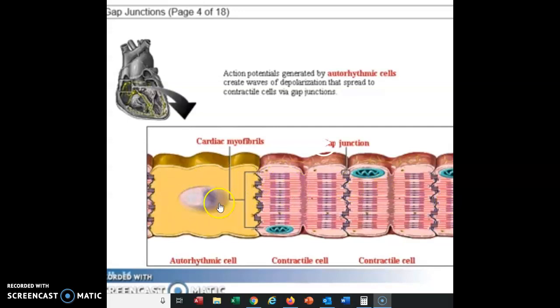So if this cell initiates it, its ions flow here, this goes through a contraction, which then sends the signals, and when I say signals, I mean ions, through the gap junctions to the next cell that causes it to contract, then through the next cell that causes it to contract. Then when we repolarize, this relaxes, then this relaxes, this relaxes. So the point is we are having a coordinated effort to cause cells to contract at a specific time in a specific order.